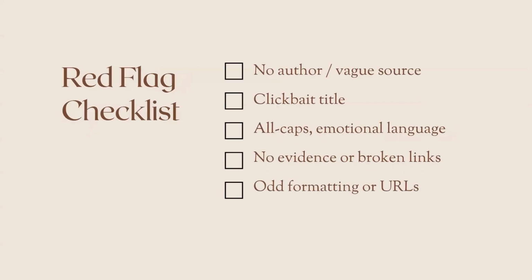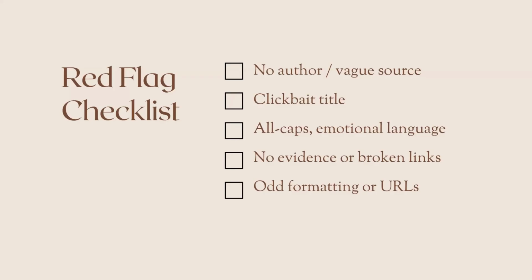So I have a red flag checklist. If you want to write these down, these are some things to help you spot red flags when you're looking at information. If there's no author or a vague source, this can be a sign that the information may not be reliable.